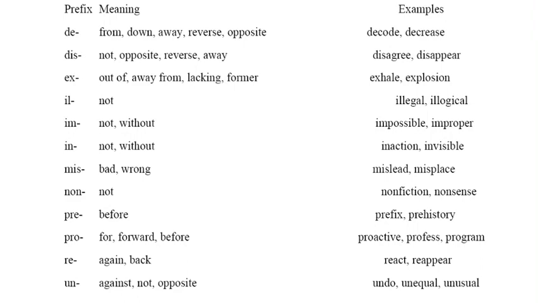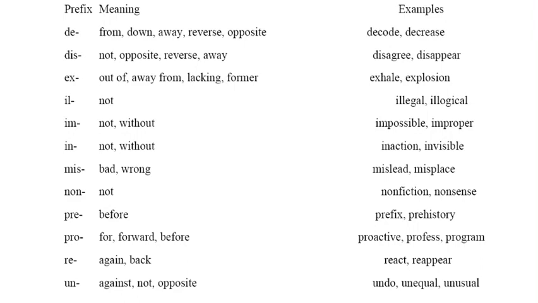Next we see mis, meaning bad, wrong. It's like mislead, misplace. Then we can find another, non. Its meaning is also not, like fiction, non-fiction, sense, nonsense. Then we find pre, meaning earlier, before, like prefix, prehistory. Then we find pro, meaning for, forward, before, like proactive, profess, program.